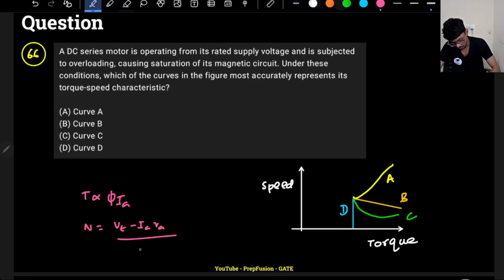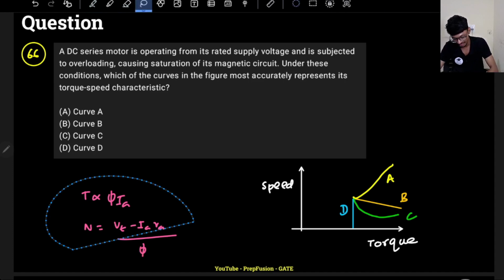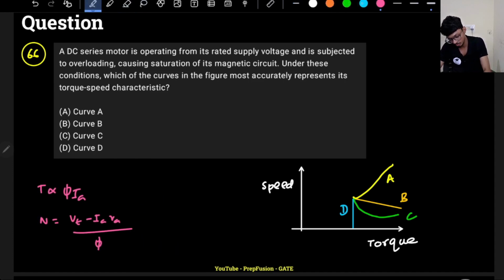Torque speed is the most difficult and the most important one to remember, so always try to go with the basics. Here, for lighter loads, torque will be proportional to flux squared, correct? Basically Ia is proportional to flux when Ia is low and saturation is not happening. I will discuss the saturation part.